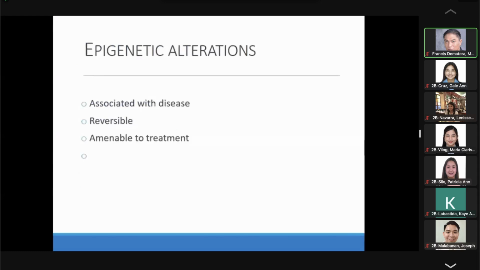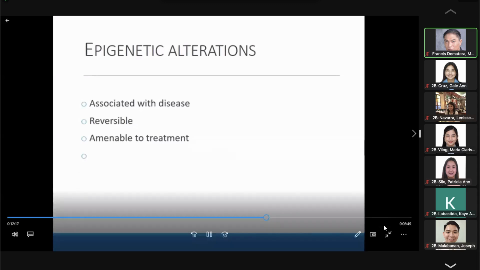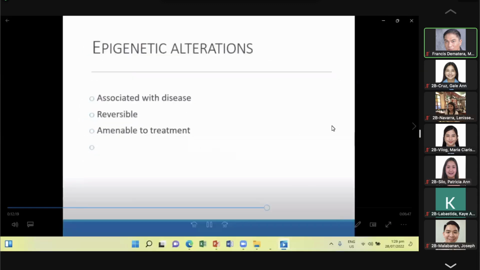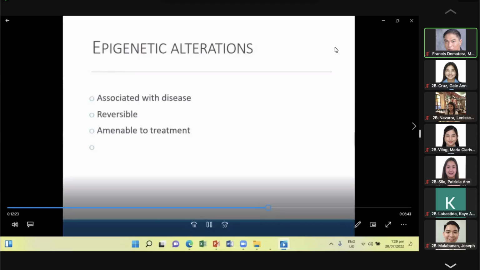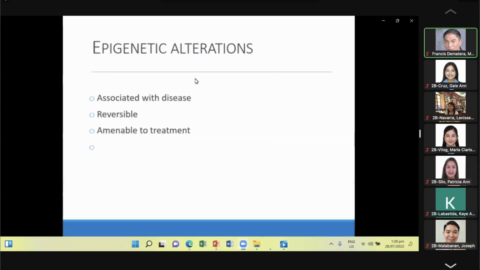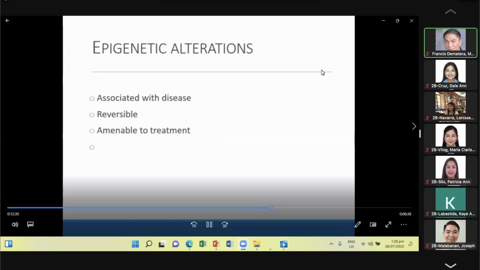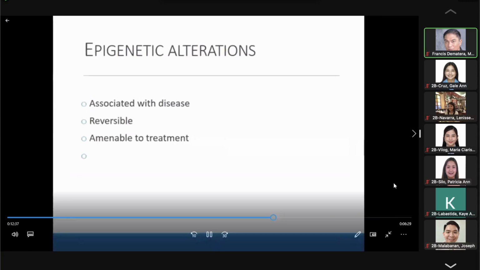Many diseases are related to inherited or acquired epigenetic alterations. Since epigenetic alterations also regulate gene expression, these are reversible and amenable to treatment. So the previously discussed HDACs and DNA methylation inhibitors are being tested for treatment in cancer.